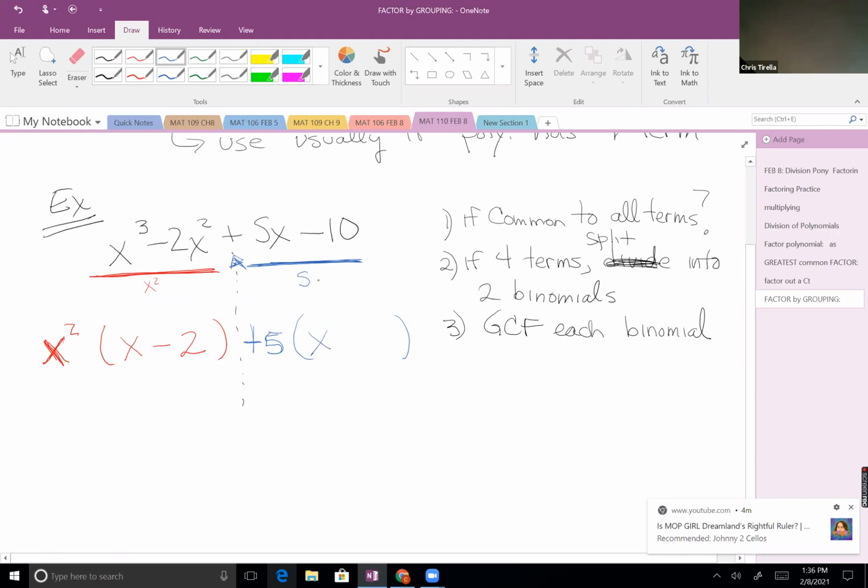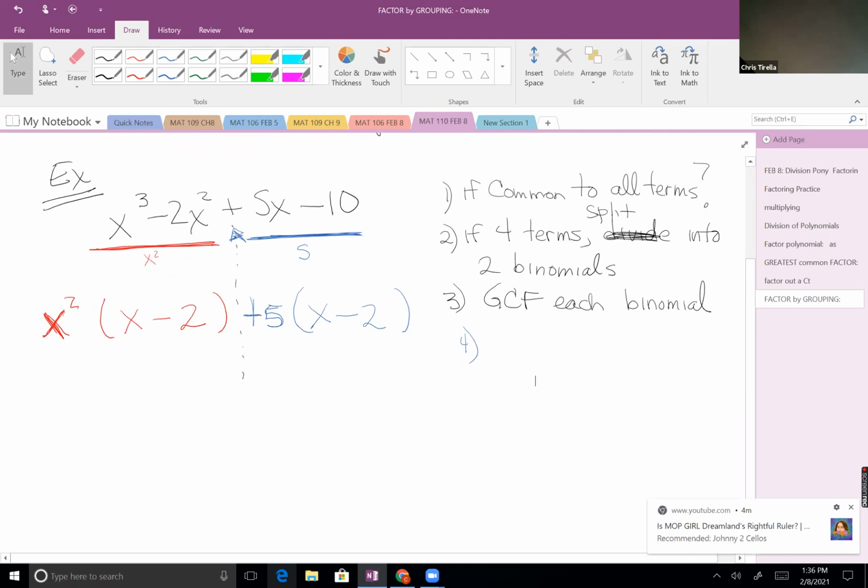Minus 10 divided by 5 is minus 2. So far, so good. Now, hopefully, if we did everything right, the 2 binomials have a common binomial factor.